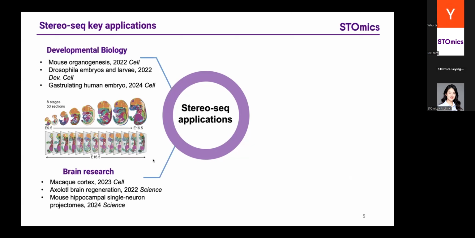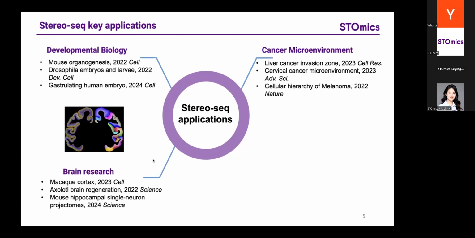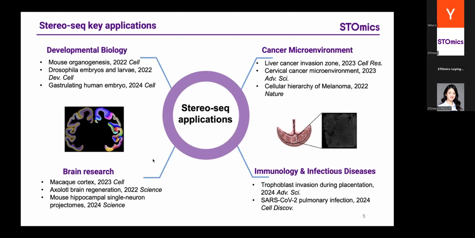Stereo-seq has been used in several studies, including the macaque brain atlas, axolotl brain regeneration, mouse hippocampus projectomes, and next, cancer microenvironment, such as the liver cancer, cervical cancer, melanoma studies. And lastly, immunology and infectious diseases. For example, Stereo-seq has been used to study trophoblast invasion during placentation, as well as lung infections caused by SARS-CoV-2.